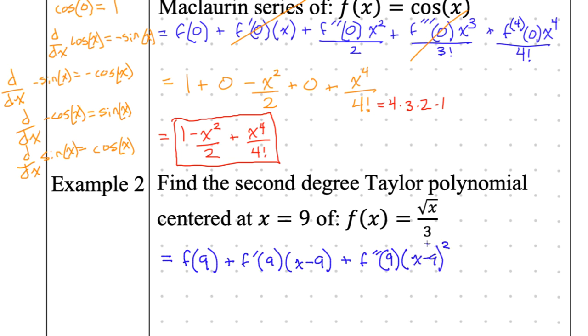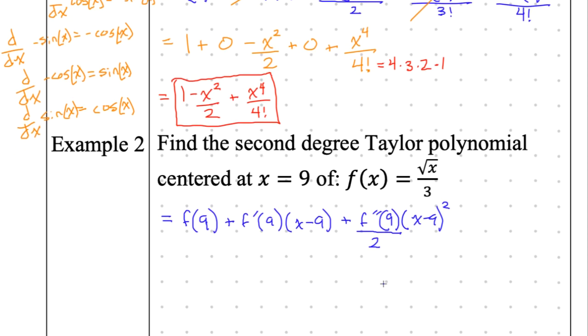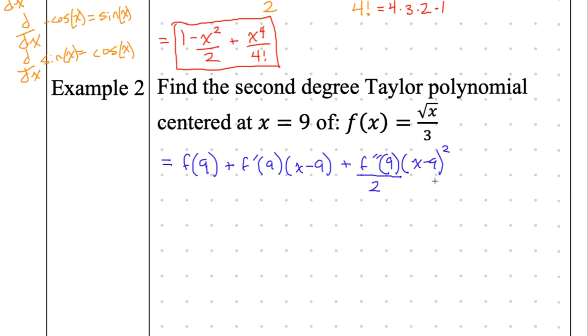Again, this is just going to go squared, then the third power, then the fourth power, etc. But I have to also divide by whatever this exponent is, factorial. So divide by 2 factorial, which is just 2, because 2 times 1 is just 2. All right, so there's our formula, and we need to start finding the derivative. I need to find the derivative and then the second derivative.